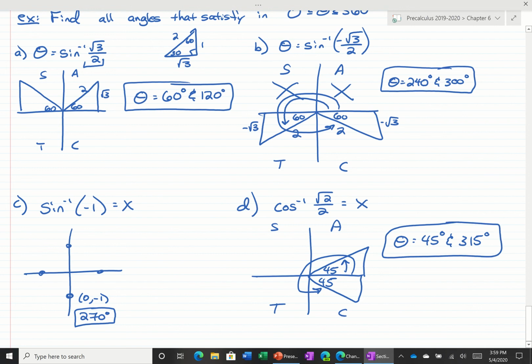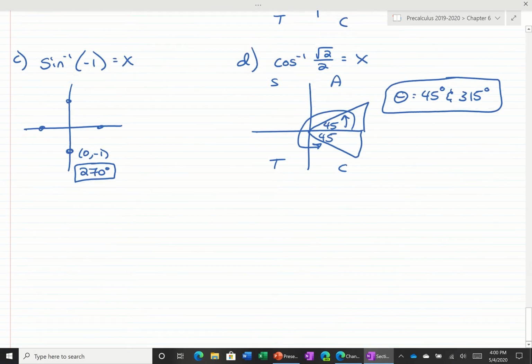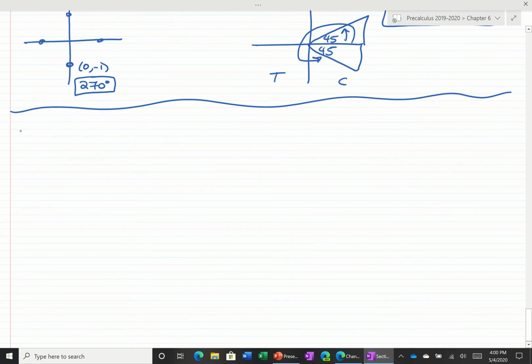Okay, and what I wanted to do to finish up today is go over some of those combination problems. I'll just ask you to evaluate. What if I asked you what's the cosine of the inverse sine of 1/2?